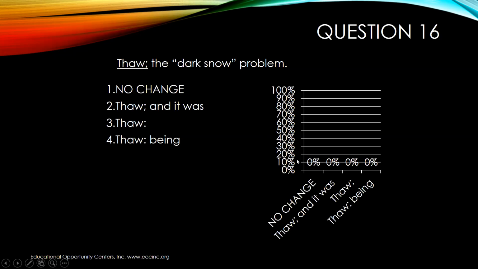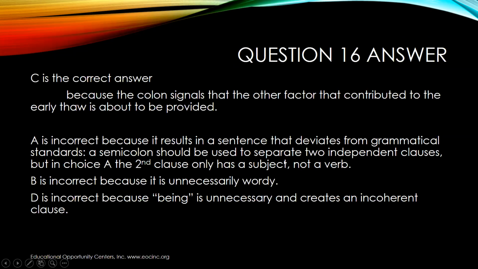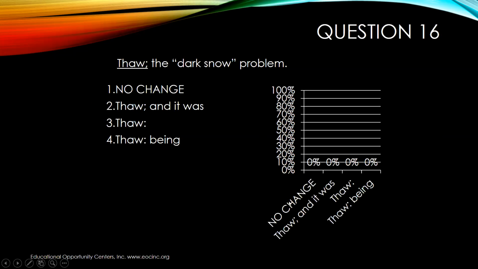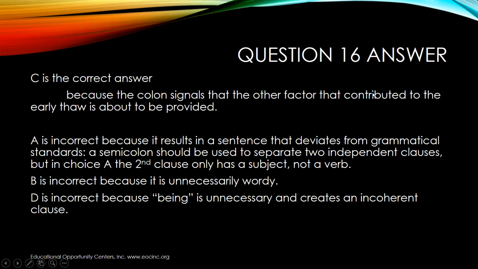Correct answer is C. It just suggests that another factor. When I thought of this, guys, it reminds me of movie titles and stuff like that. Kind of like "Thaw, colon, the dark snow problem." So when you think of how that works, think of that as it says here, it's signaling another factor.